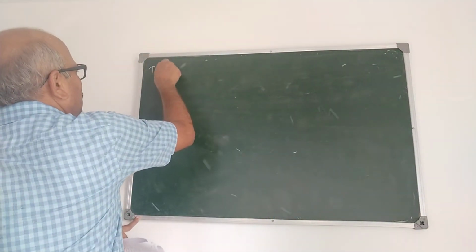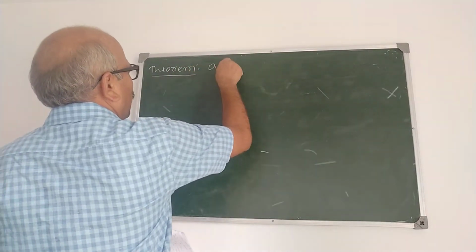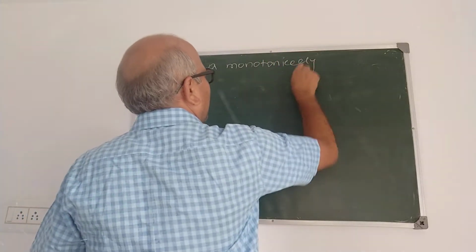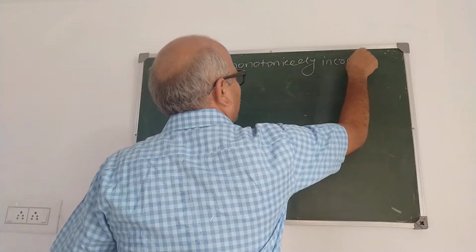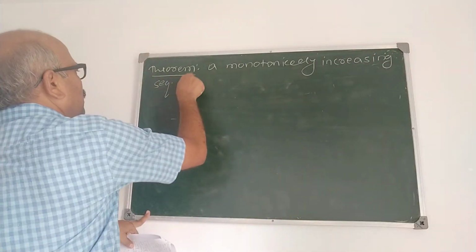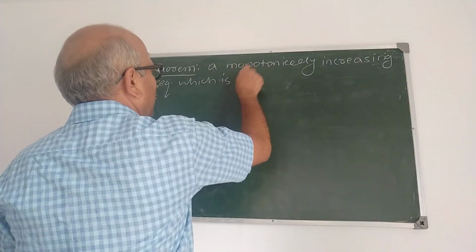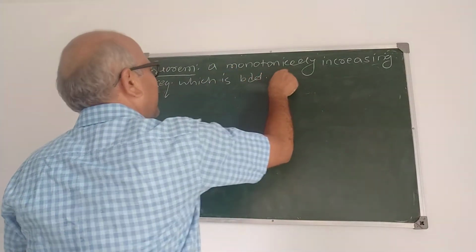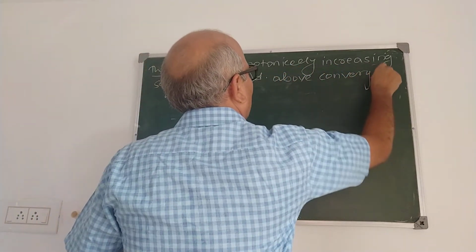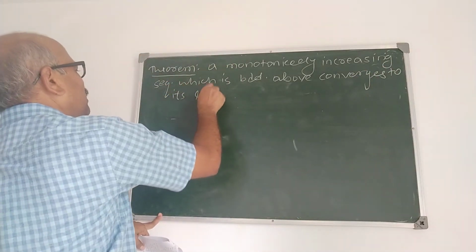Now the first theorem is: a monotonically increasing sequence which is bounded above converges to its least upper bound.